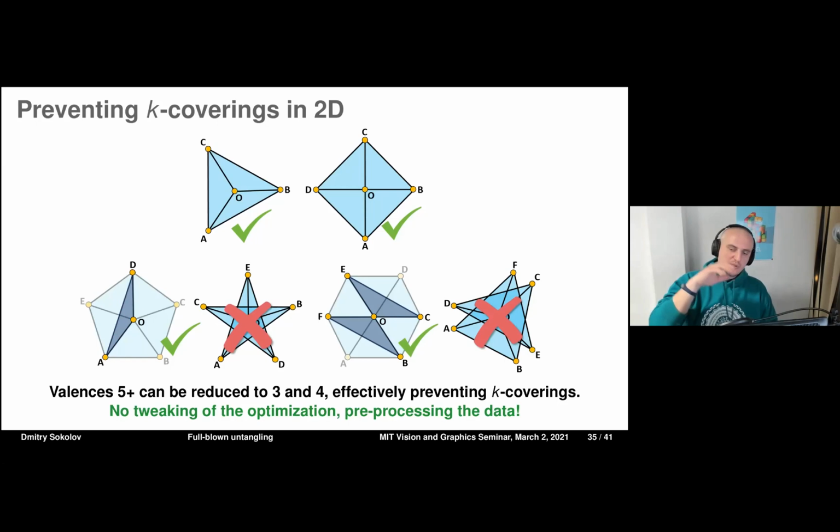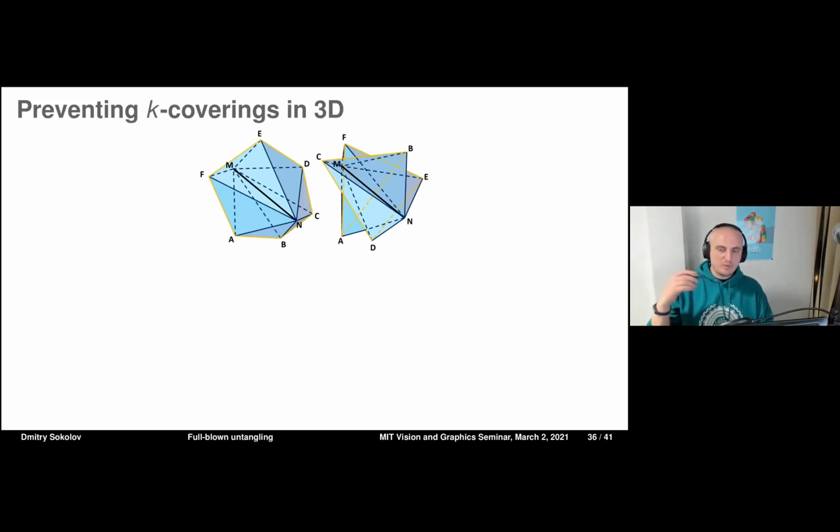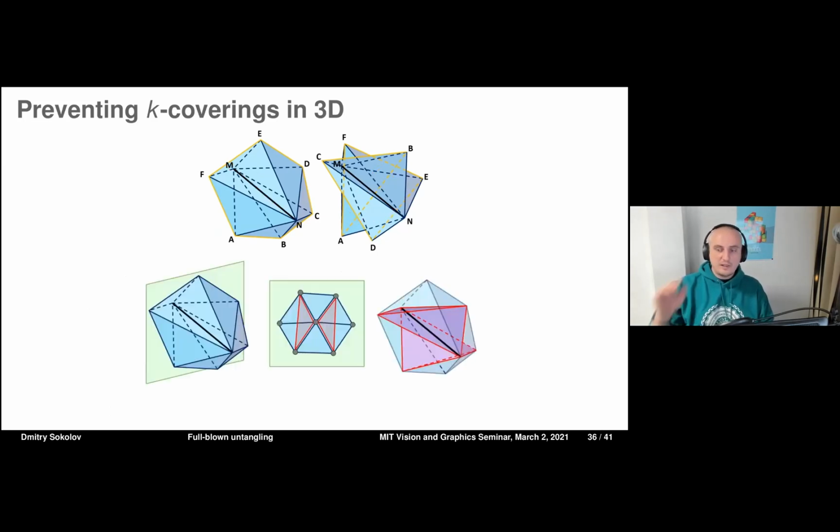We simply pre-process the data by adding a few more triangles to our mesh. In 3D, the problem is exactly the same. Here the sum of dihedral angles incident to the edge MN is equal to 4 pi. But if we cut the fan of tetrahedra by a plane, in fact, it corresponds to a 2D problem. So by adding 2 more tetrahedra to our model, we are guaranteed to prevent all coverings.